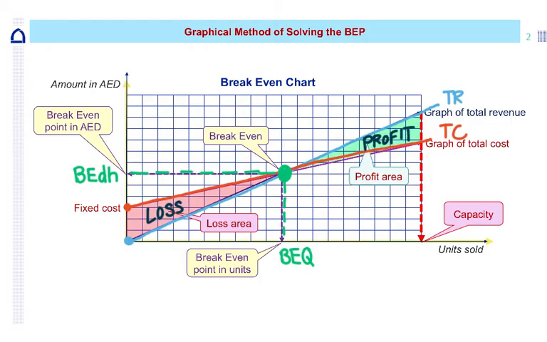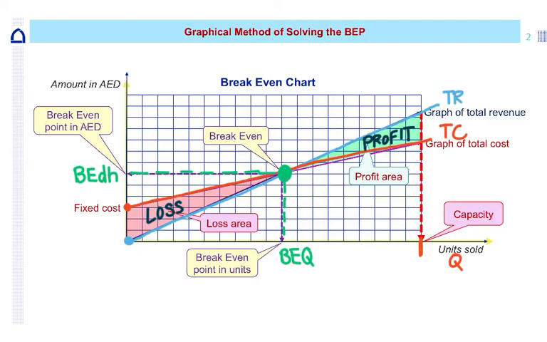So the next few example questions we will just go over using the graph to find everything we need to know about our business, about the break-even points, and so on. And one more thing I want to say, the capacity here, the end point of this graph, the highest quantity we could sell, that's basically the maximum amount of stuff we could sell in our store.